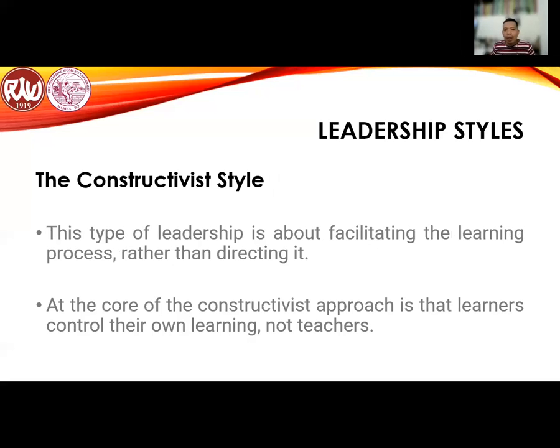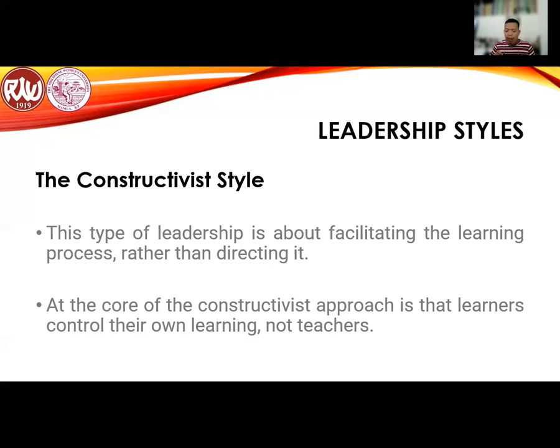The other one is constructivist leadership. This type of leadership is about facilitating the learning process rather than directing it. At the core of the constructivist approach is that learners control their own learning, not teachers.